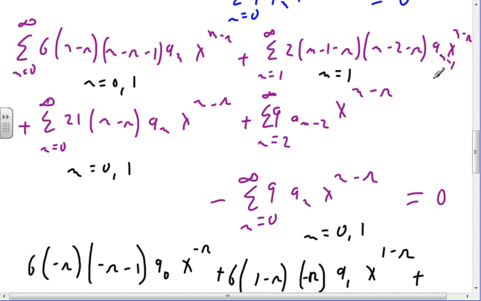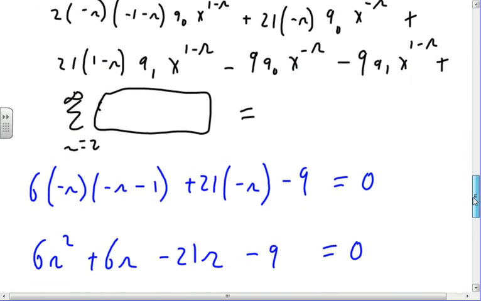Now I need an a0 in the x to the 1 minus r term in order to find a1 later on. So once I get the right r's, from the x to the 1 minus r terms I find my other constant of integration a1. So that's going to be set as well. So that's not a problem.